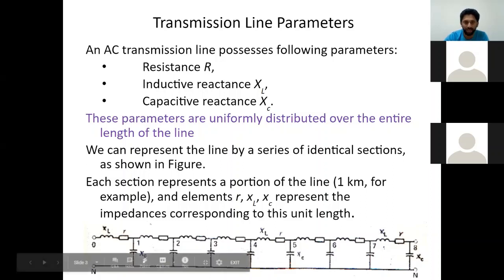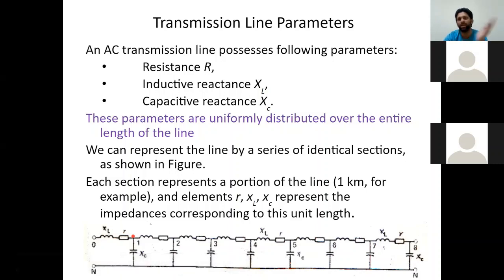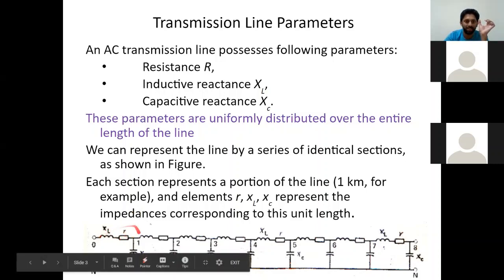So here we have to use a simplified equivalent circuit to represent the total transmission line. As we see in this lower diagram, the total transmission line is divided into small pieces, for example 1 kilometer. Each section has a resistance, inductance, and a capacitive reactance. Inductive reactance and resistance are connected in series, and capacitive reactance is connected in parallel.